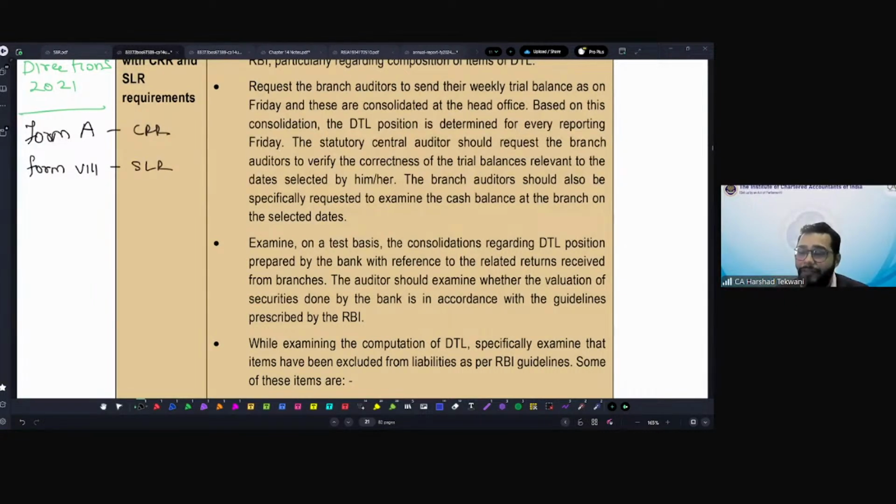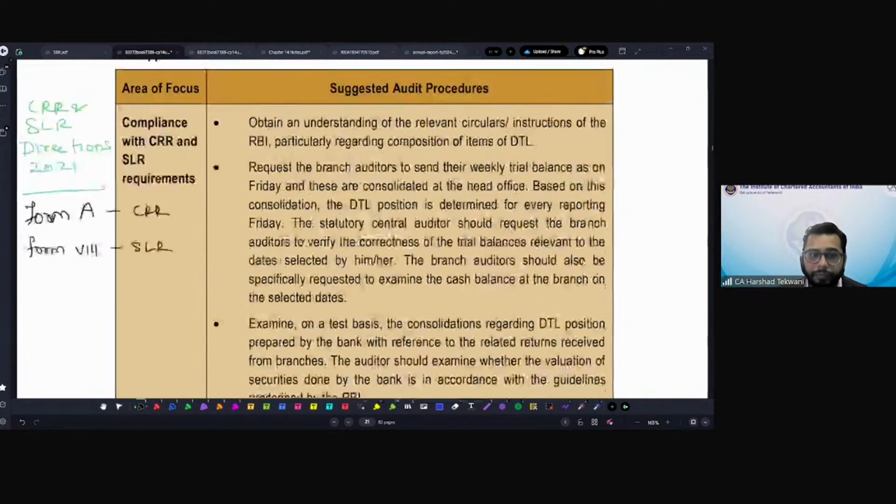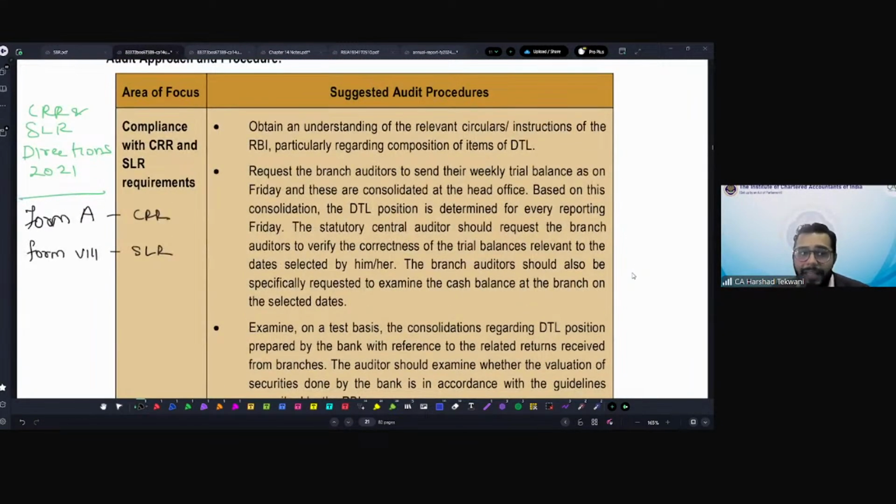The auditor himself is required to report to the central statutory auditor on the CRR or SLR. So this is how the reporting is done, and in order to audit, you need to verify these returns. Clear with the audit of CRR or SLR?